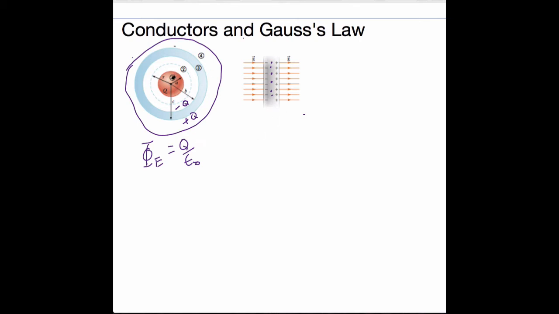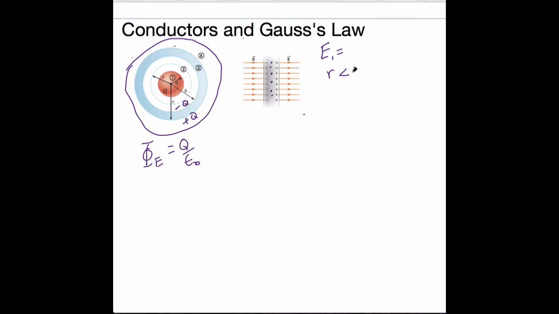So the reason this is so weird, let's talk about these various points. There's point 1 down inside, there's point 2 that's in between the two, point 3 inside the conductor, and point 4. Well, let's do 1 first. I'm not going to go through the entire proof again, or the derivation, because there's another video that does just that, but we know what that is. The E field at point 1, we know the radius of our Gaussian surface is less than the radius of the sphere, which is called a, lowercase a in this case.